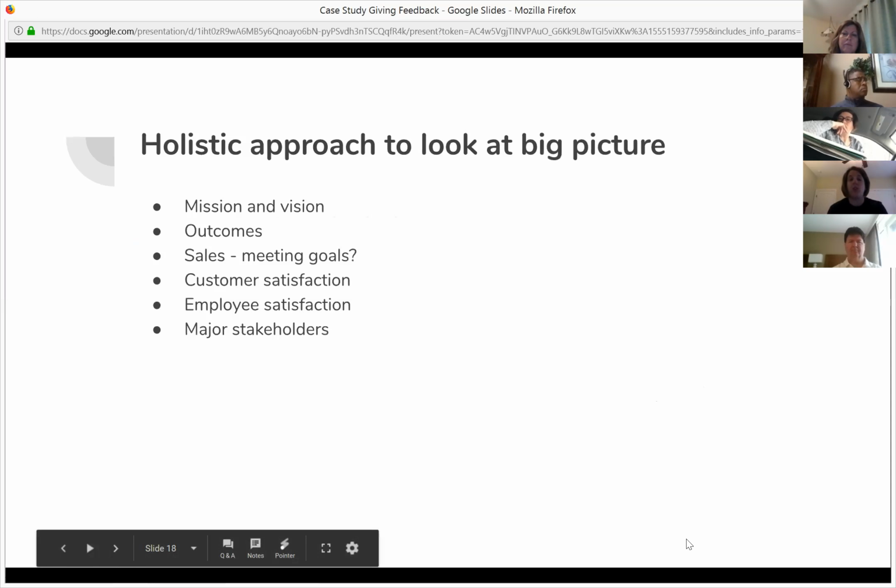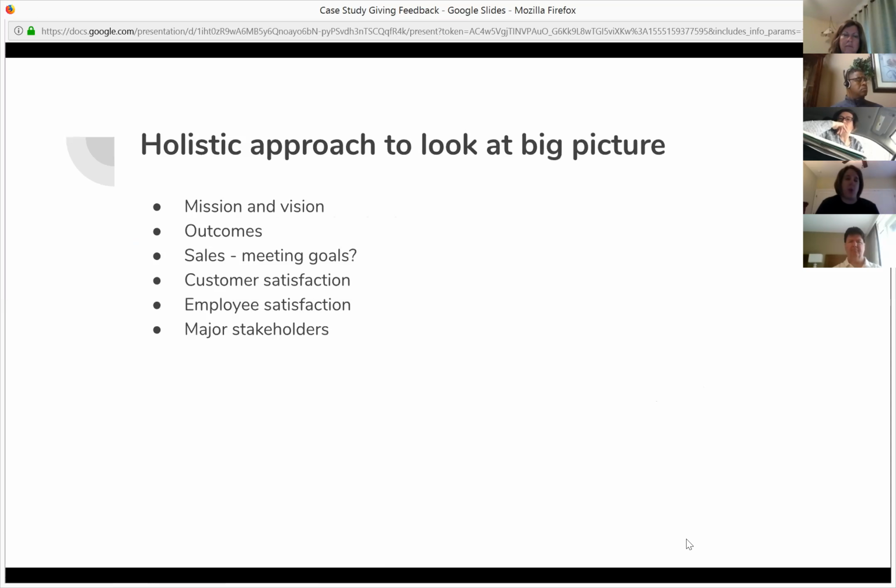We wanted to look at a more holistic approach. So we've learned a lot during our time in this program that you can't just look at one thing. You have to look at a lot of things. So the mission and vision of whatever organization she's a part of, we just know it's involved in customer service. So meeting the mission and vision as her as a leader, and then her employees. Outcomes, are they meeting outcomes?